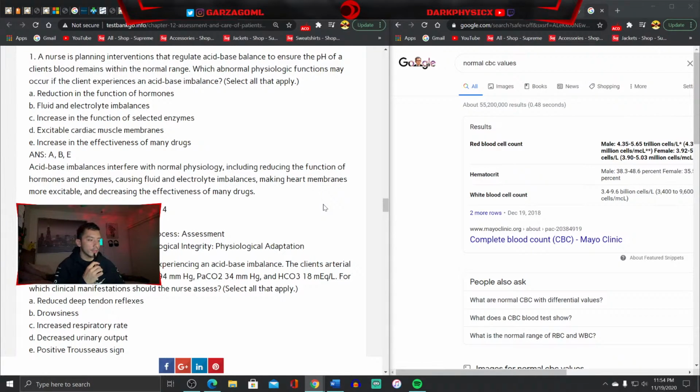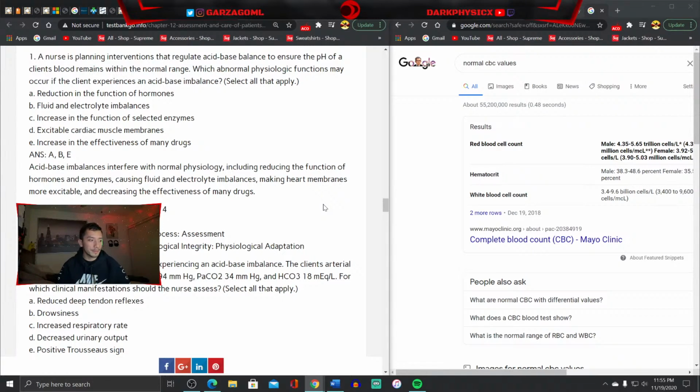For which clinical manifestations? So for metabolic acidosis, reduced tendon reflexes, drowsiness. I would say drowsiness because it kind of goes with lethargy. Increased respiratory rate. I mean, yes, because of the compensation from the lungs, but I don't know.